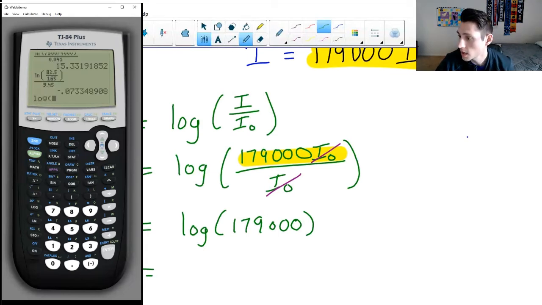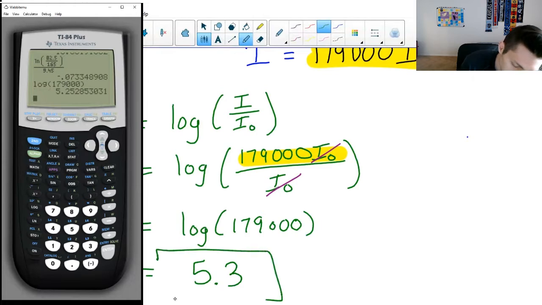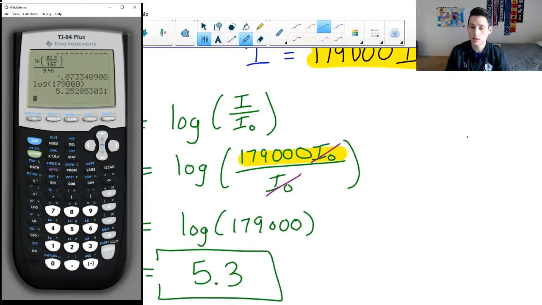This is the common log, so we can just click the log button. Log of 179,000 is 5.25. Earthquakes are usually measured in tenths, so we'll say the magnitude of this particular earthquake is 5.3.